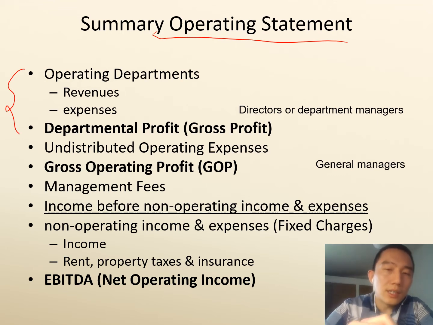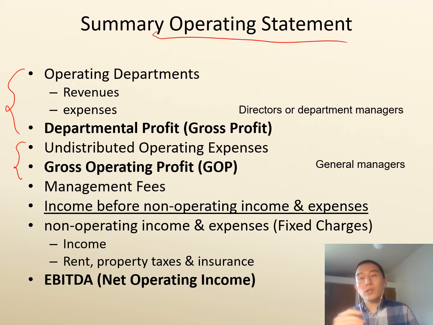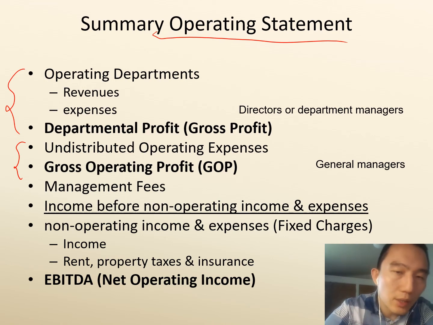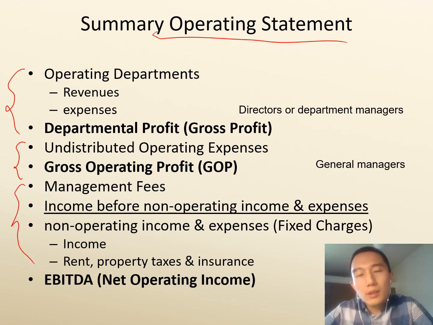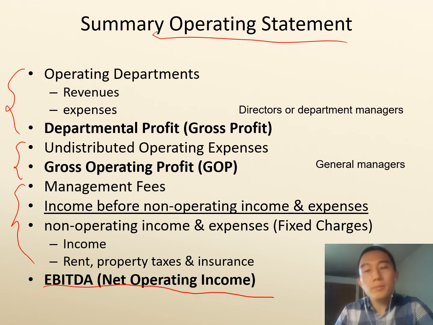Then in the second part, we look at the performance at the hotel level by considering the undistributed operating expenses. After that, we make some adjustments, and then we get our net operating income, or in other words, EBITDA.